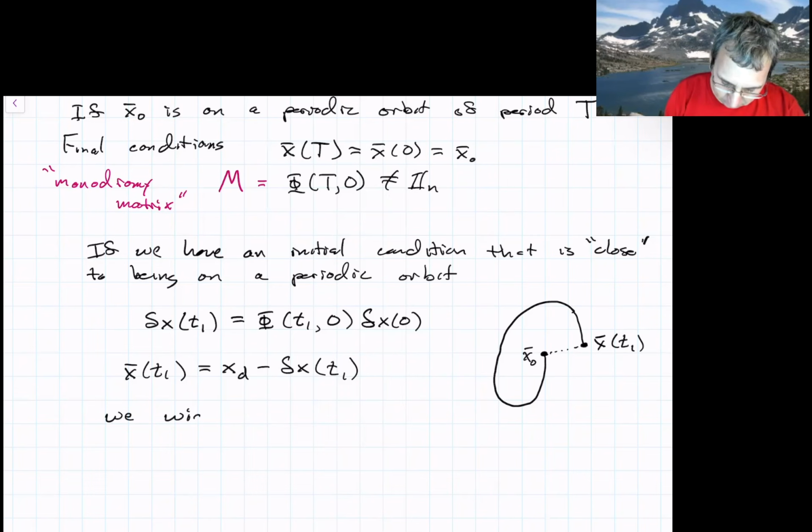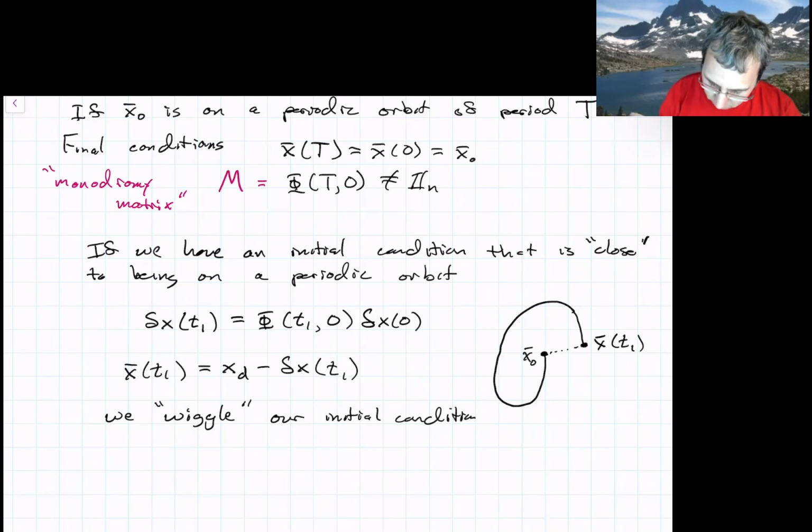So to use it, maybe it's not very technical, we wiggle our initial condition to reach some desired end state.